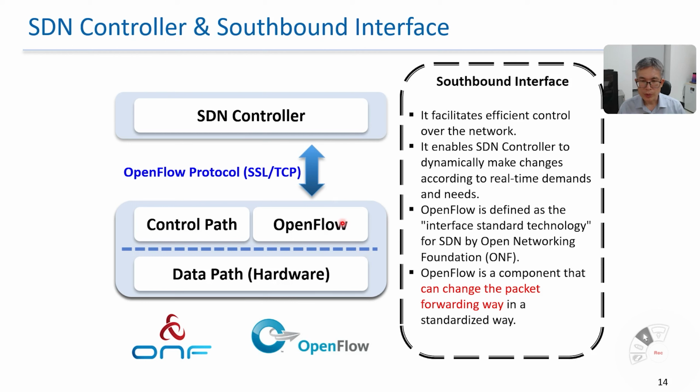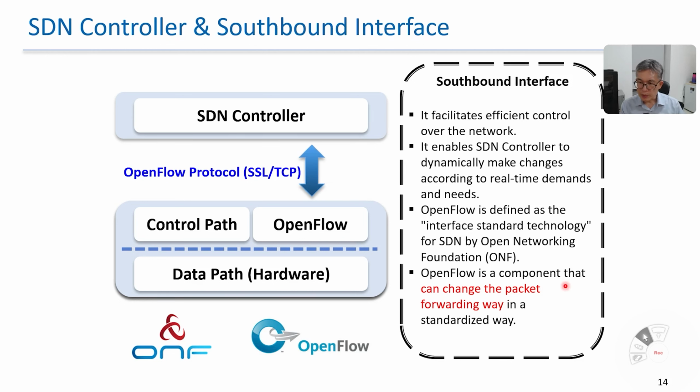So OpenFlow is a southbound protocol between the SDN controller and SDN switch. The southbound interface facilitates efficient control over the network. According to real-time demand, the switch can handle the SDN controller's demand, so the OpenFlow protocol is used as a southbound interface.